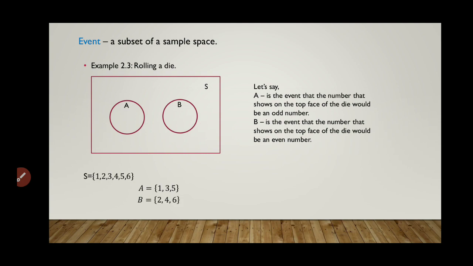And B is the event that the number that shows on the top of the die would be an even number. Therefore, yung elements ng event A is 1, 3, and 5, which are odd numbers, and then B is composed of 3 elements, which are 2, 4, and 6.